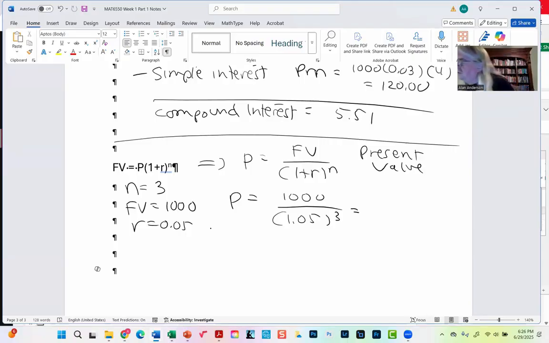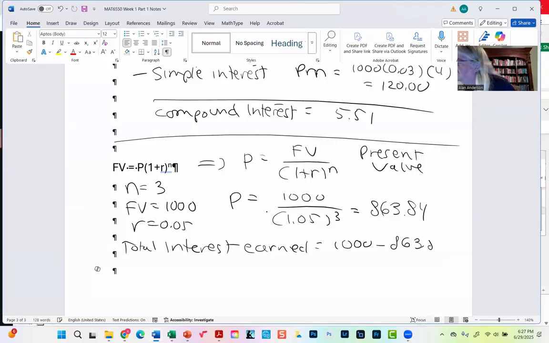It's 863.84. So that implies that over the next 3 years, I will be earning interest equal to the difference between these two. And that's going to be 126.16.